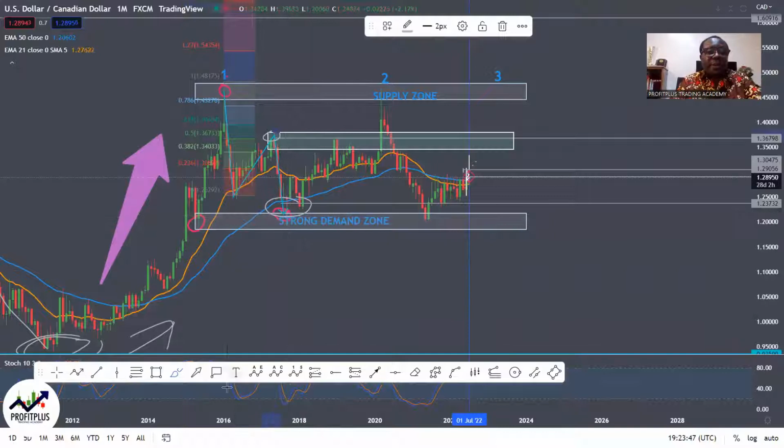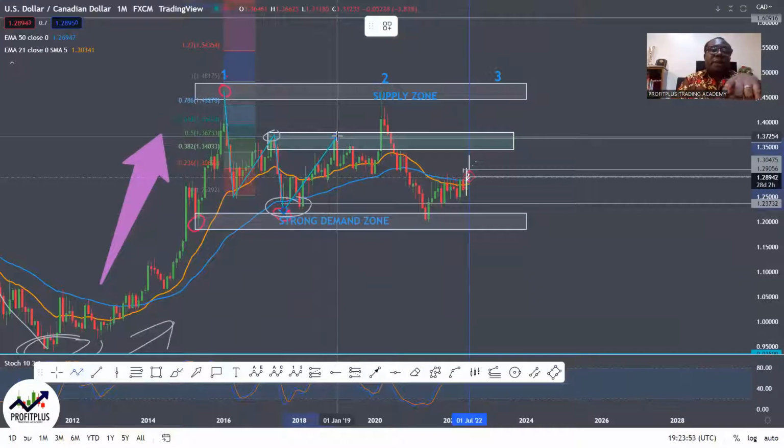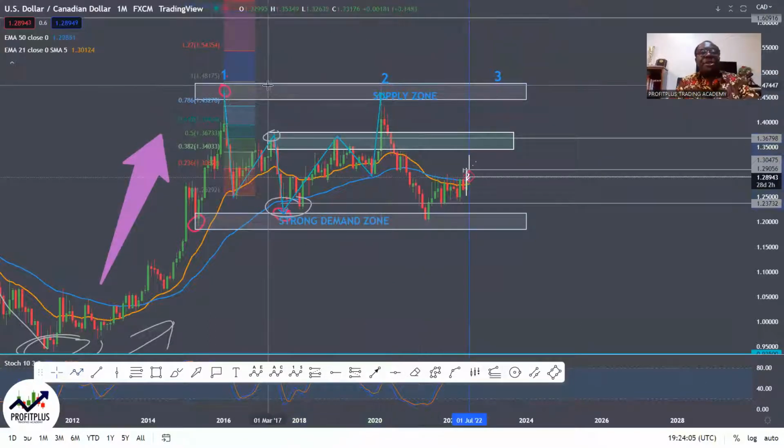Price again is seen to move from here to that same level, and that's why I put that line, and retrace into this retracement zone, the space between the 21 EMA and the 50 EMA, and pushed back up, establishing a zone, a supply zone.